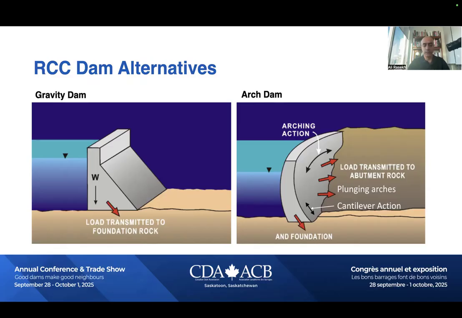This is a high seismicity region, and we wanted overturning stability provided by the thickness of the gravity dam and sliding prevention provided by the curved shape, which prevents movements towards the downstream.